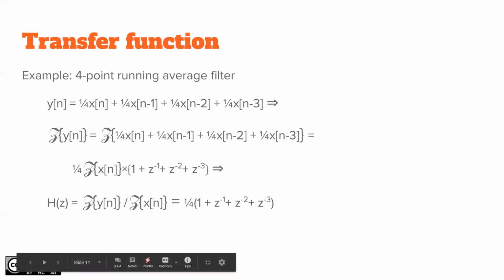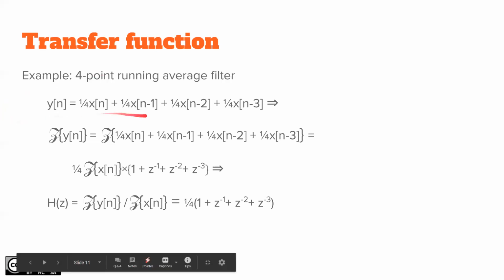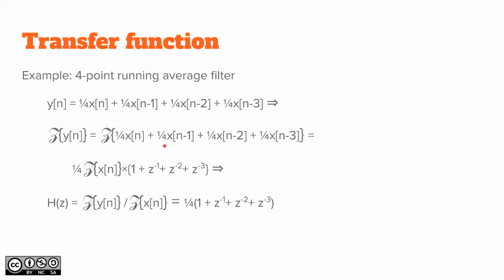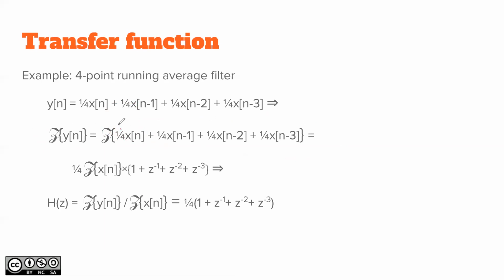I'm not sure how much detail I need to go into, but it follows fundamentally the same as in the continuous time domain. You take the Z transform of the difference equation, then use the linearity property, meaning that if you have a weighted sum, you can take the one quarter out and also break the terms.